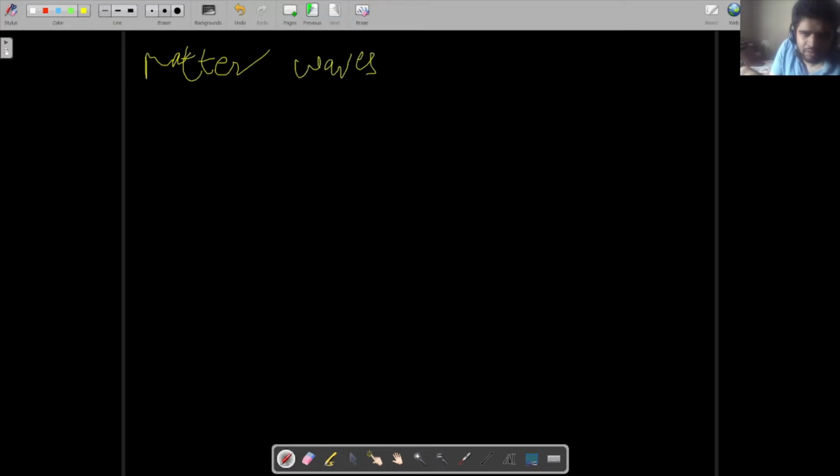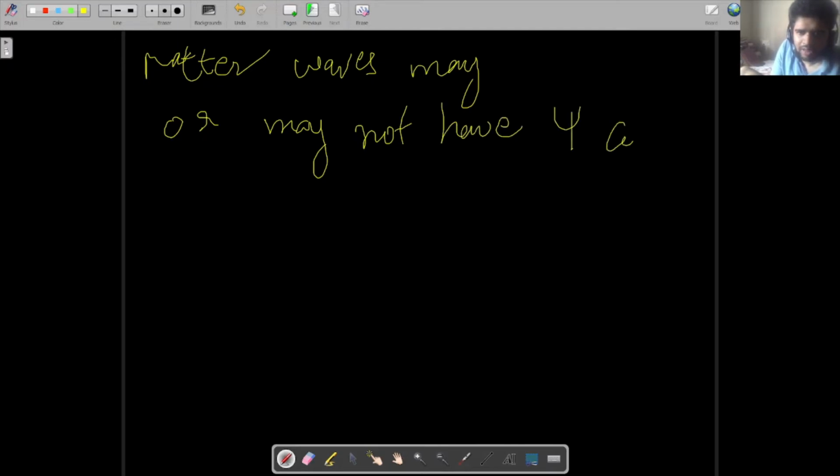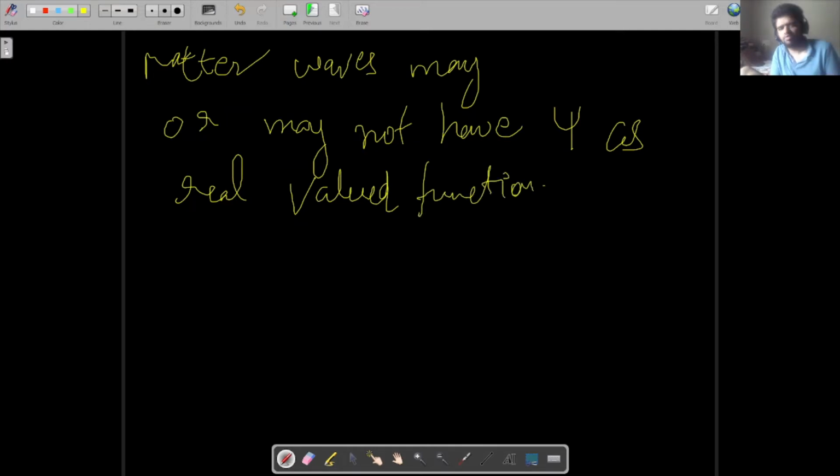So let me write over here: the matter waves may or may not have psi as a real valued function. Okay. So the wave function psi may be real in case of matter waves, or it may be complex.